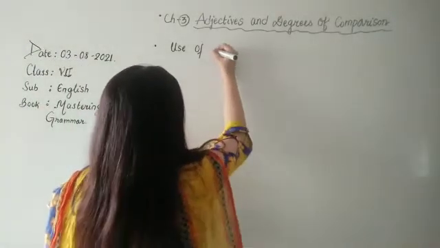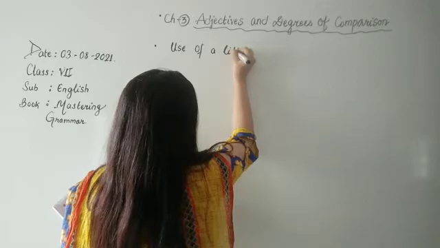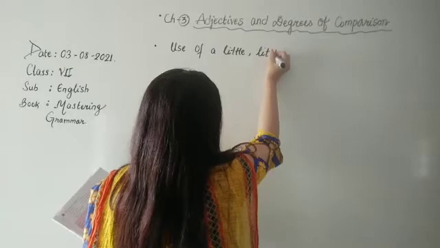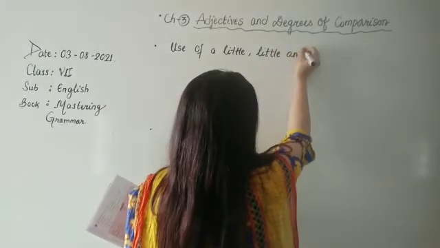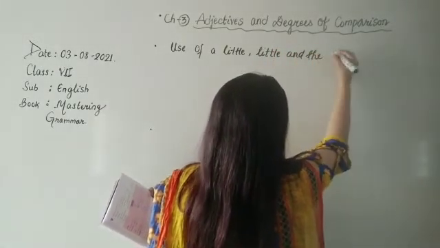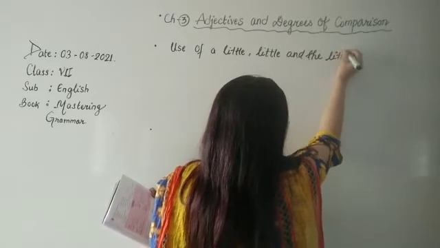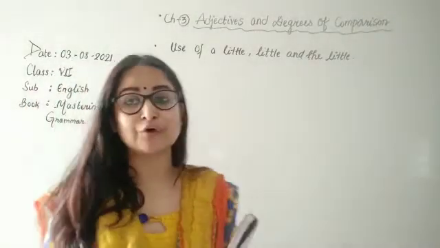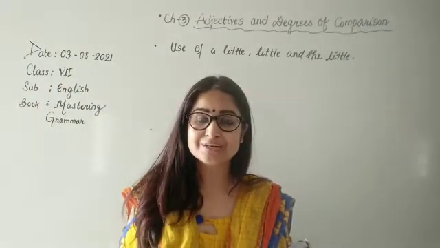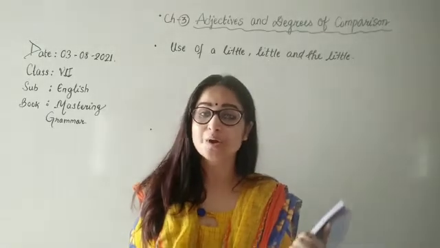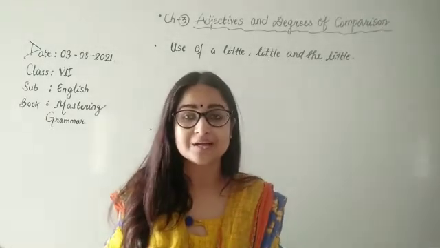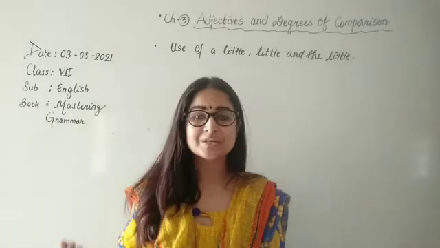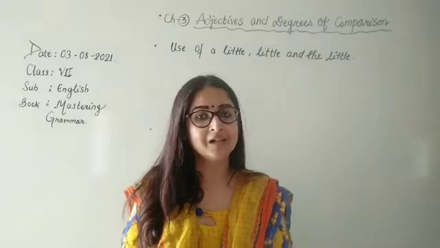So use of a little, little and the little. First of all, children, you should remember this term little is used for which kind of adjective? This is an adjective of quantity. Okay, children, used for uncountable nouns.